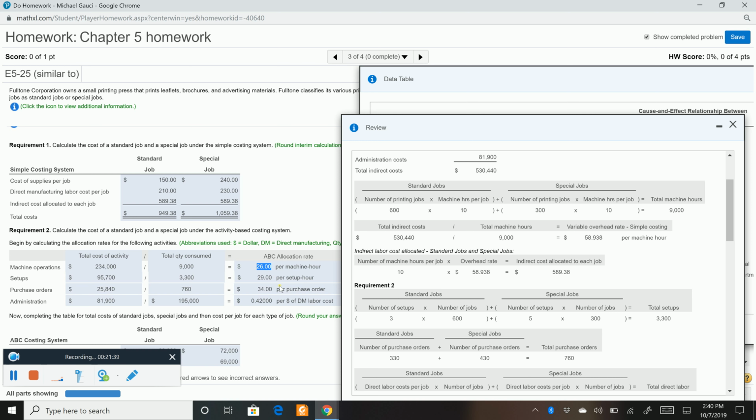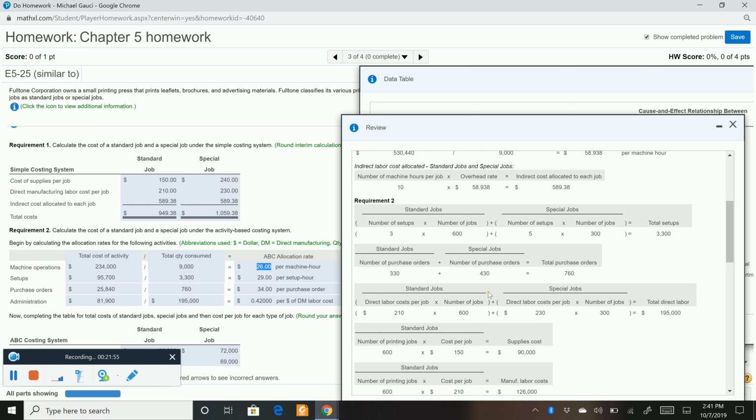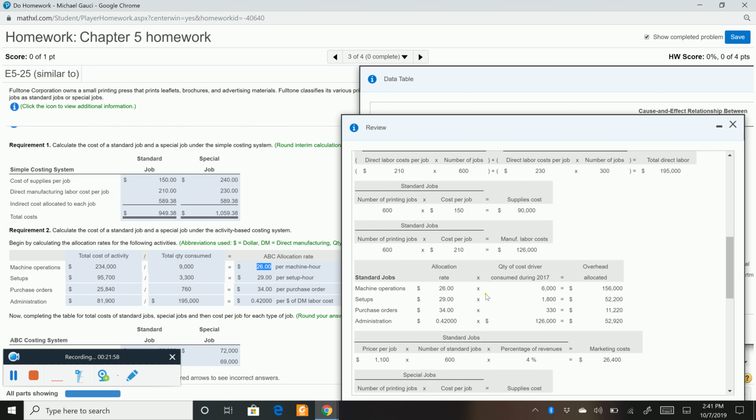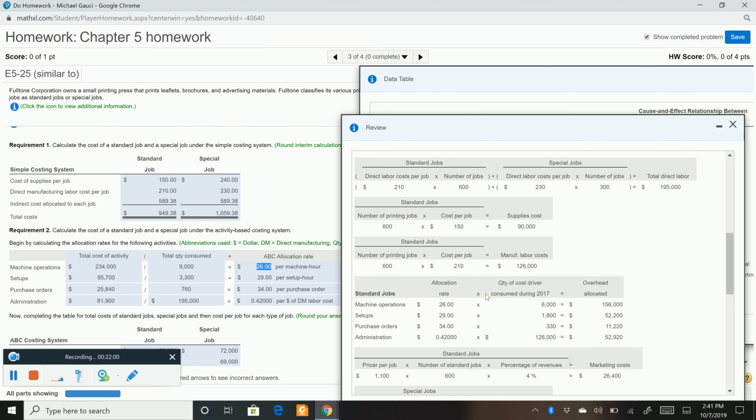That is the ABC, or the activity-based costing allocation rate for machine operations. All right, so let's dig into standard versus special. Let's take a look at the standard first. If you remember, we'll take that $26 per machine hour.